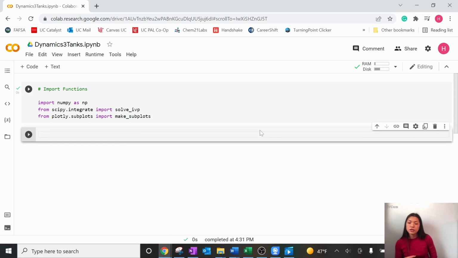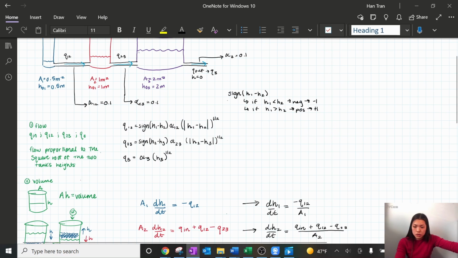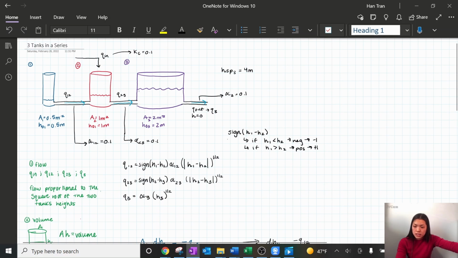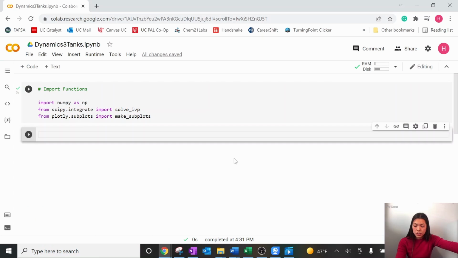And now that we have all the functions we're going to be using, we are going to move on into putting in all of the information that we are given in the problem. All of that information is going to be the proportionality constants, the cross-sectional areas, and the initial heights in the tanks. So let's just go ahead and put that information in.